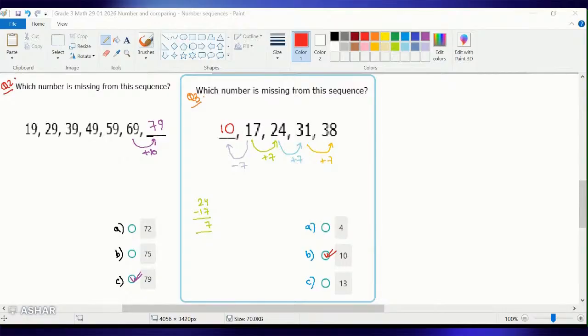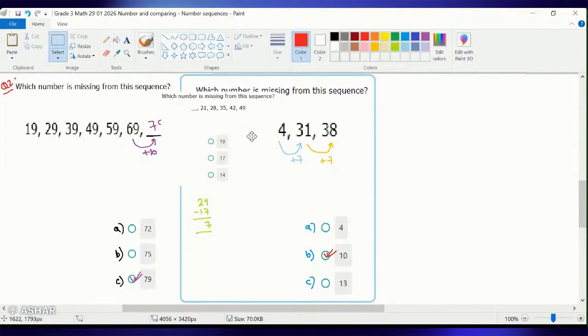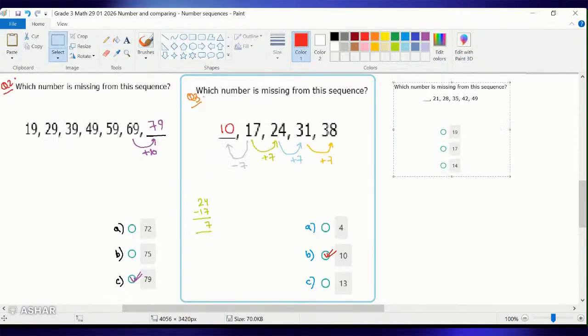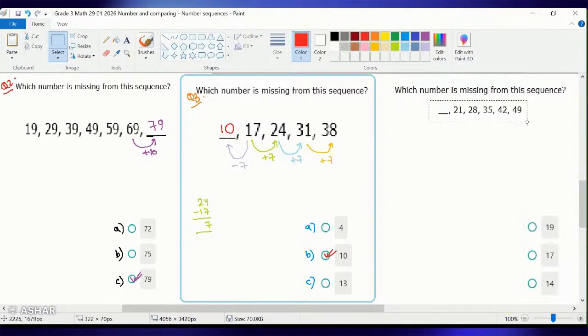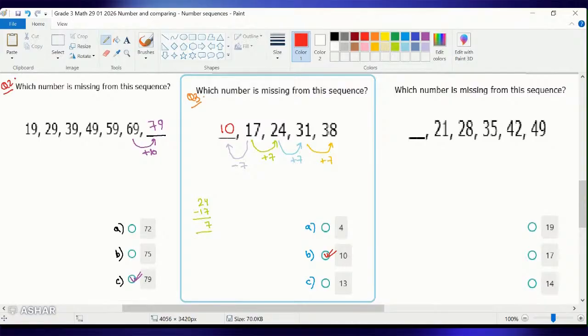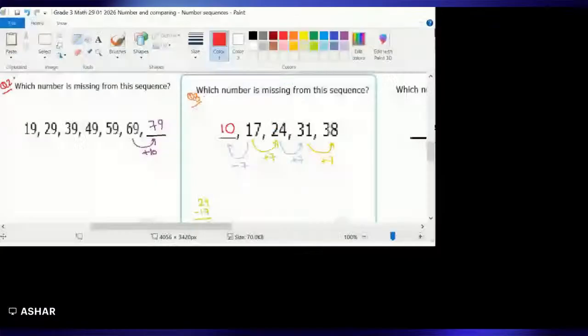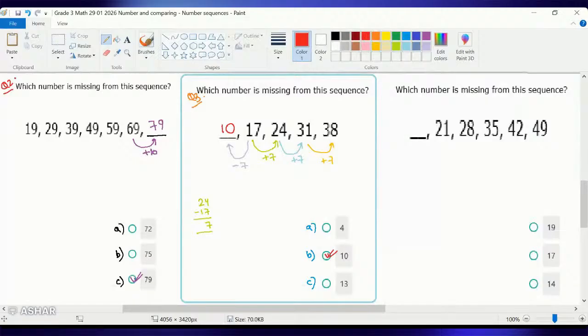If we look at the next question, it says which number is missing from the sequence, and the numbers, yes, they're not consecutive. These are the options given to us, and these are the numbers given to us. For question number 4, sorry, I just clicked on the screen by mistake.